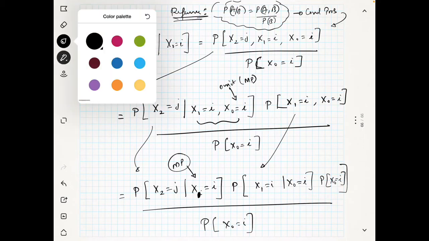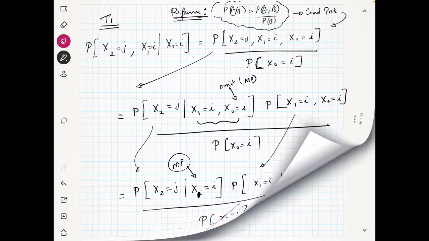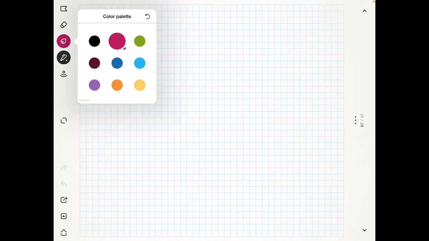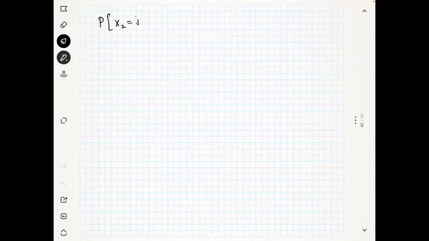Now you can see I can remove these two because both are the same. So we can rewrite the equation in another way. I am just talking about the first term. This is the probability that x2 is equal to j, comma x1 is equal to i, given x0 is equal to i.